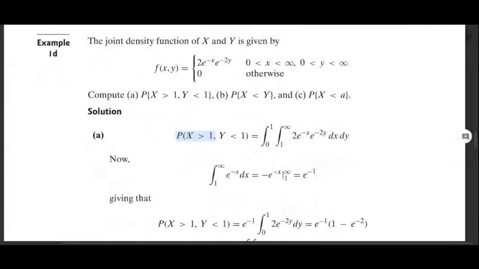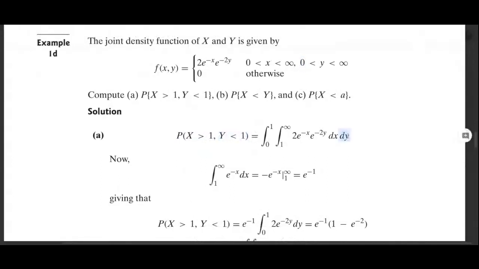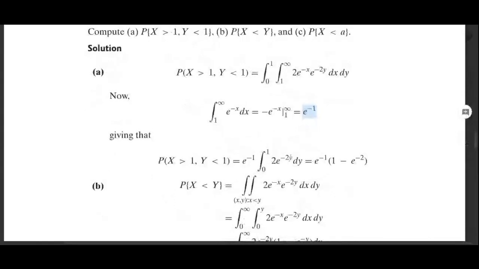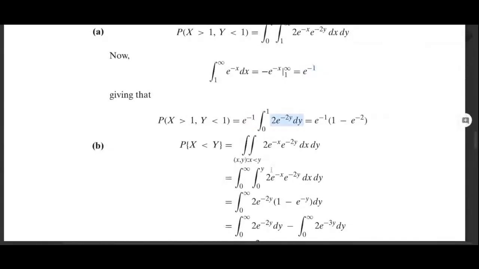A is x greater than 1, so from 1 up to positive infinity. y less than 1 is from 0 up to 1, because the density is defined from 0. So the y direction goes from 0 to 1, and the x direction goes from 1 to infinity. So we want to integrate the density function. Now, e to the negative x is e to the negative 1. The rest is just calculation.